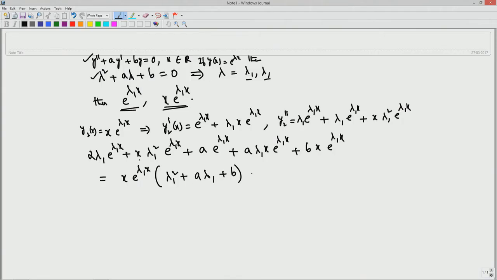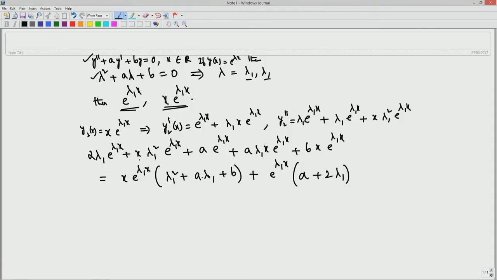So this is 0 plus the other thing, e power lambda 1 x into a plus 2 lambda 1, which is also equal to 0. So this is what you have.